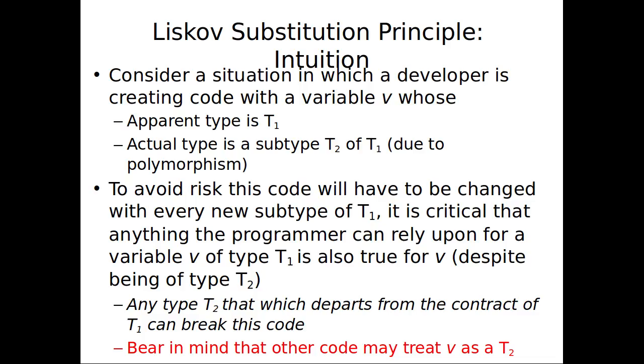Okay, and the situation here, which I presented in that video, is we have a developer who's creating code with a variable whose apparent type is one thing, but the actual type is something else.